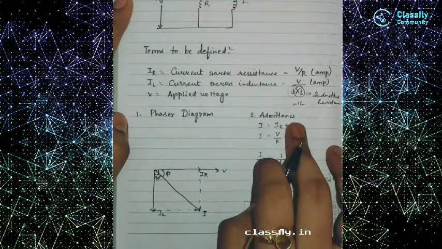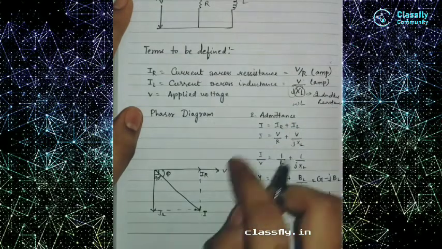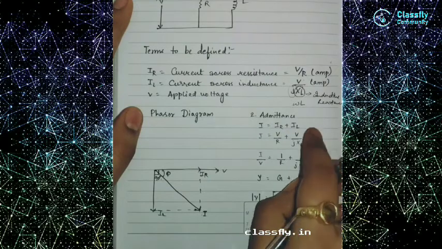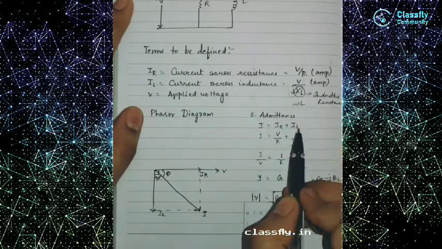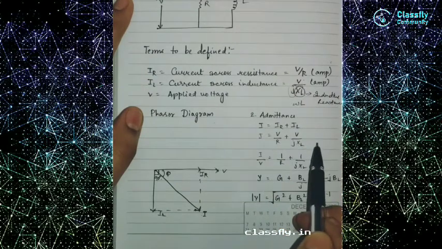So for admittance, we need that the current is equal to IR plus IL. For IR we can write V by R, and for IL we can write V by jXL.